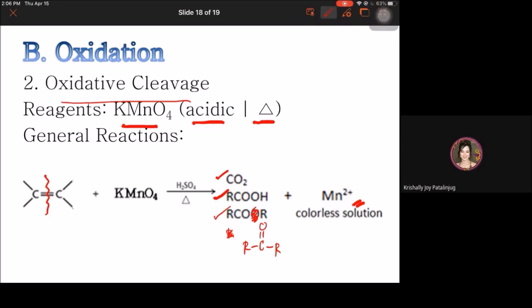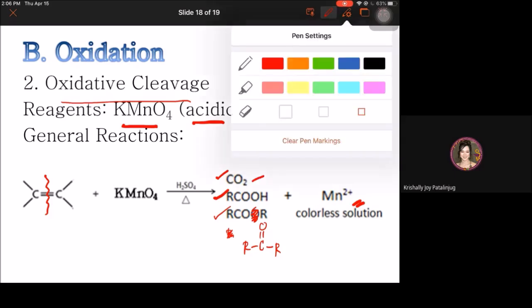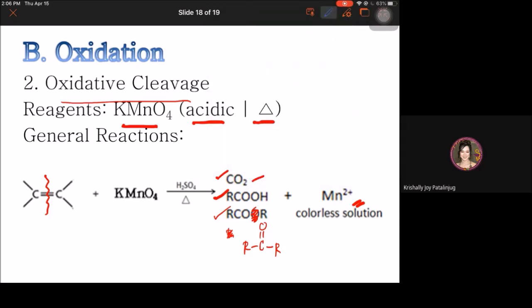Now, in order for you to identify if carbon dioxide is the product, look at the cleaved part. Say, for example, take note, if one of the cleaved portions has CH2, either the one on the left or on the right, then that part becomes carbon dioxide.